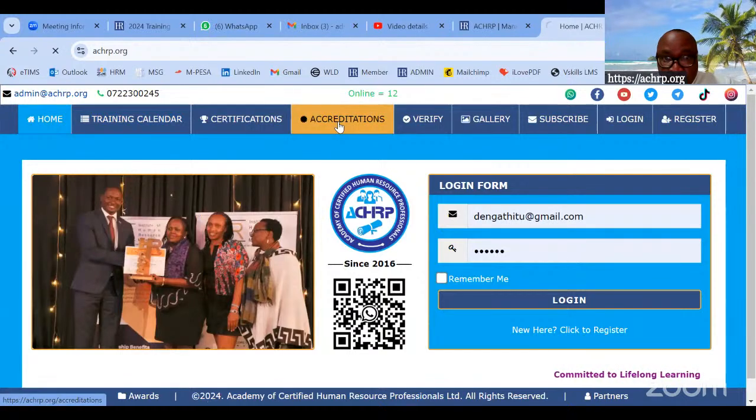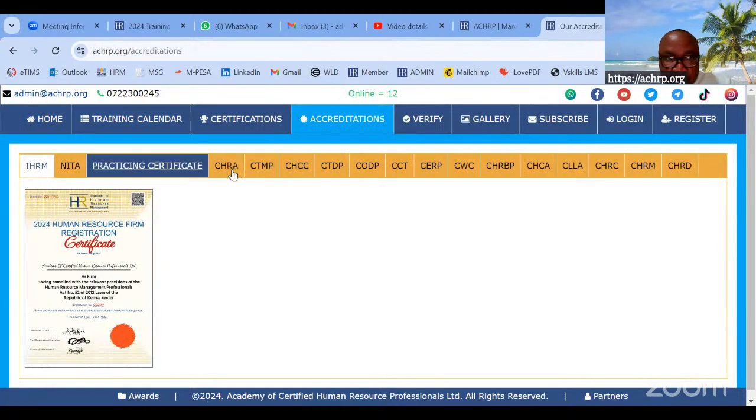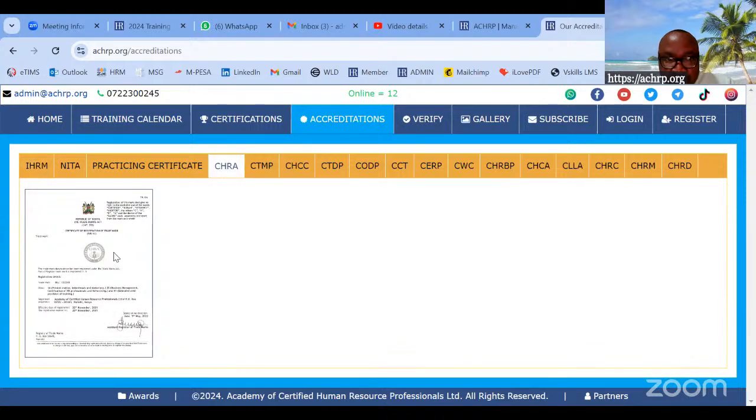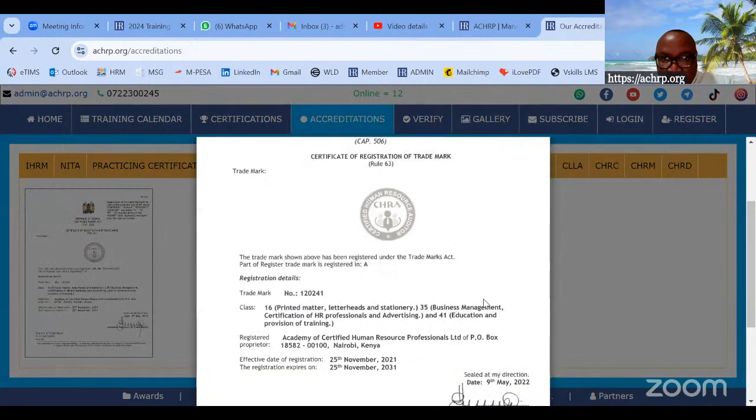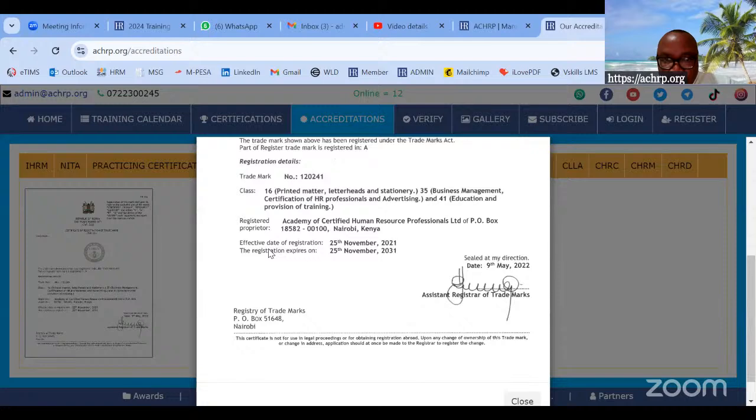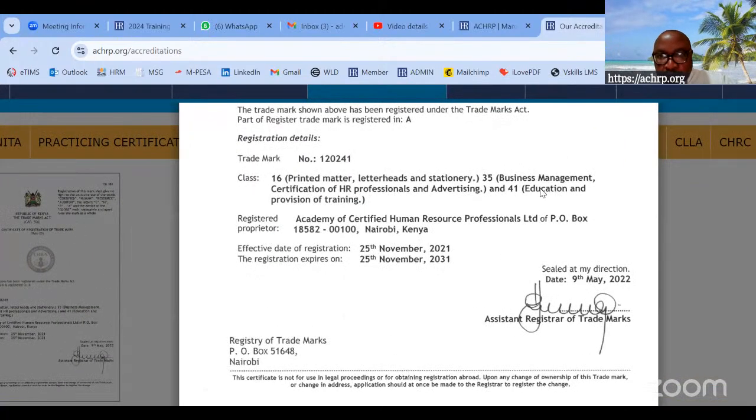If you go to our accreditations, you'll find the CHRA, the Certified Human Resource Auditor certification. It is registered under 3 classes. Class 16 is for printed matter, letterheads and stationery.